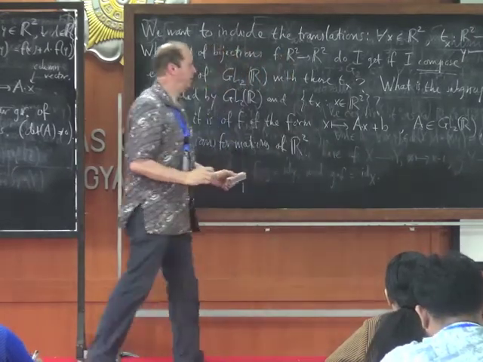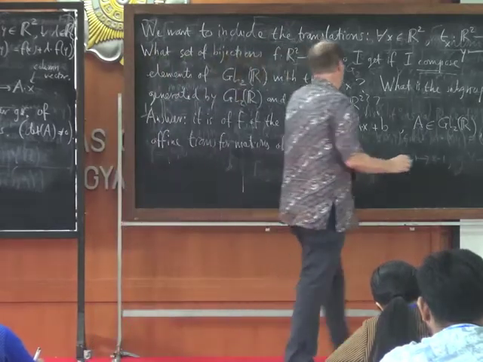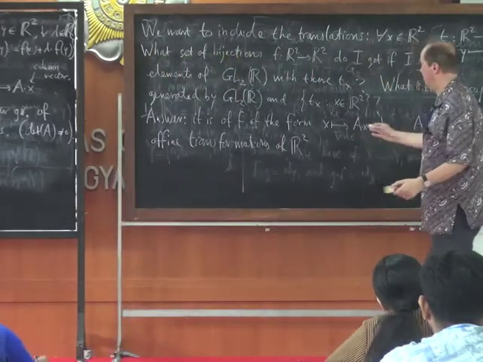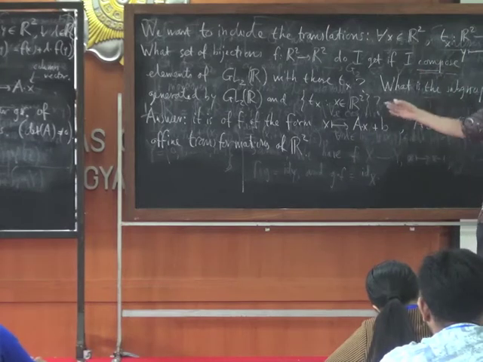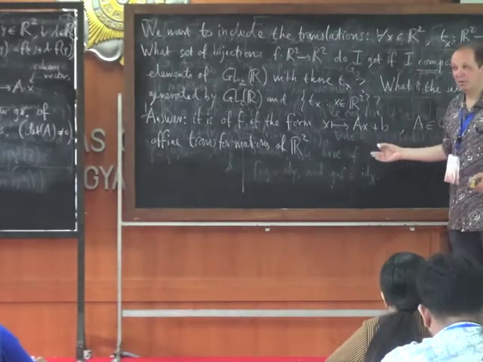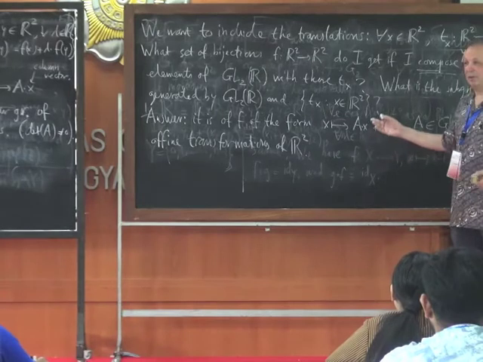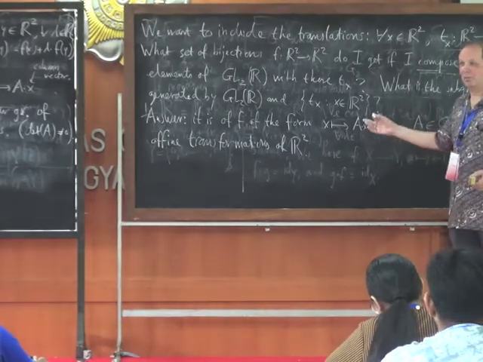And actually, if I have an A and a B and an A prime and a B prime and they give the same map, then you can prove that B is B prime and A is A prime.